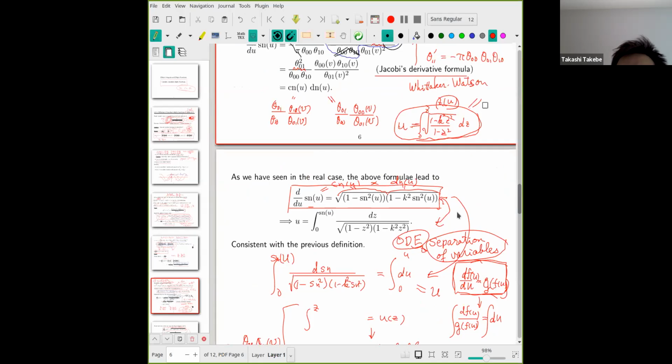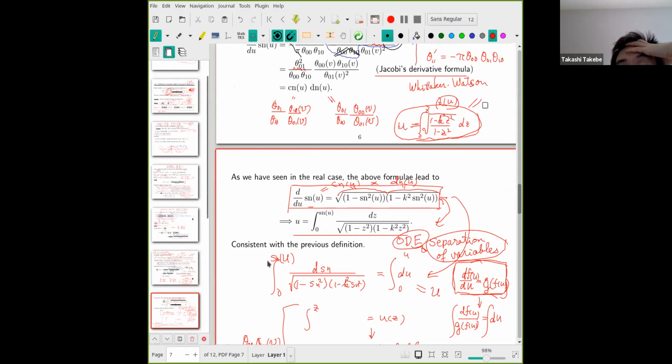Well, I have cheated a little bit. First, of course, this formula should be considered on the Riemann surface. And we need to specify the contour which connects 0 and Sn of u.